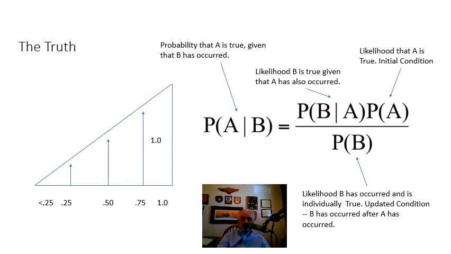Here we can see that the probability of A is true given that B has occurred is on the left side, and that is on the right side. That is equal to the probability that B is true given that A has also occurred and the likelihood that A is true as an initial condition, and that is all divided by the likelihood that B has occurred.